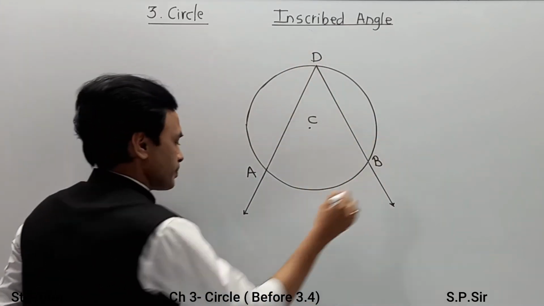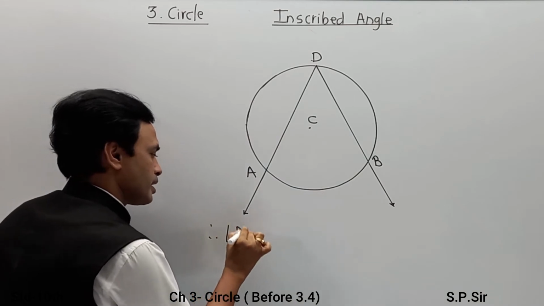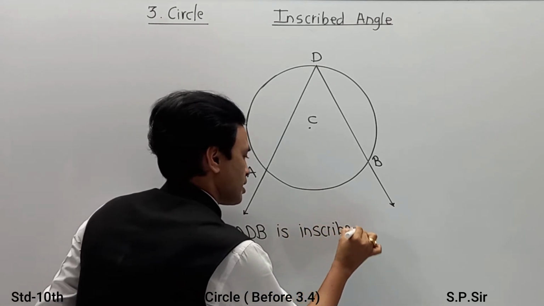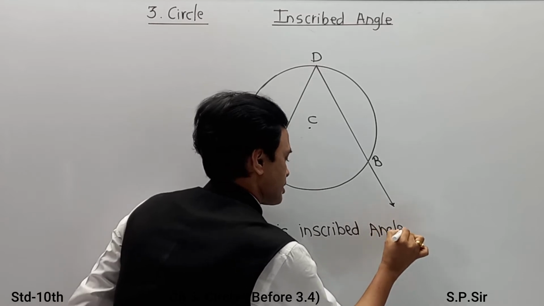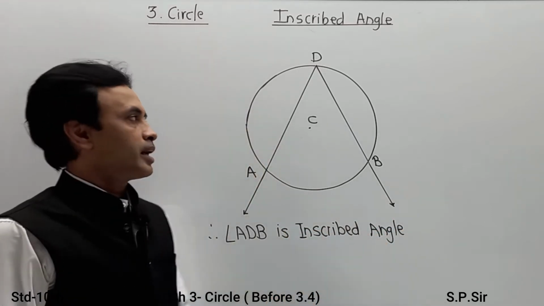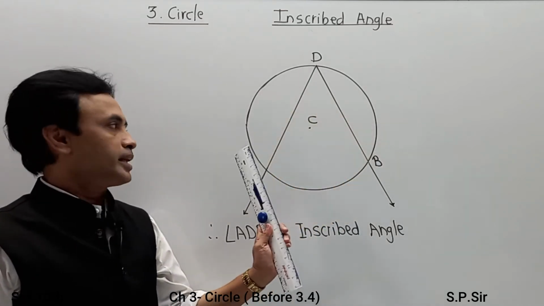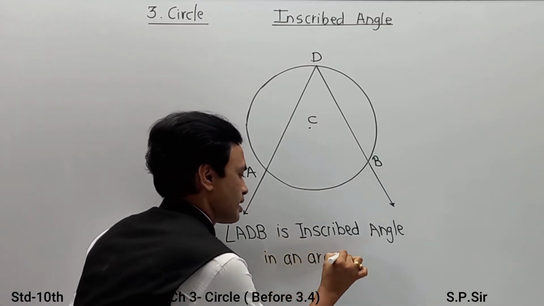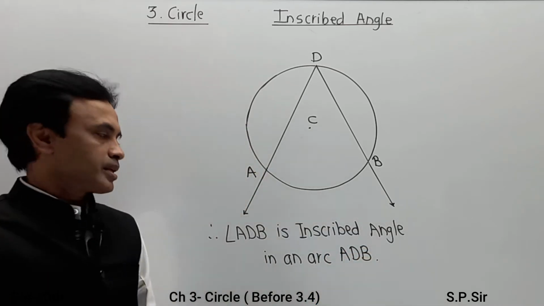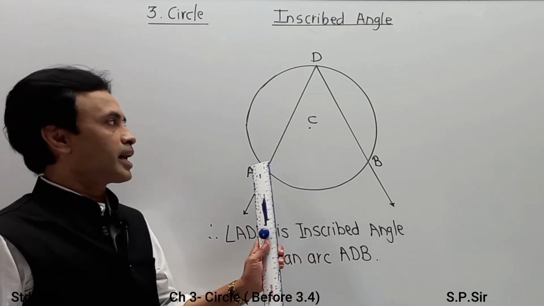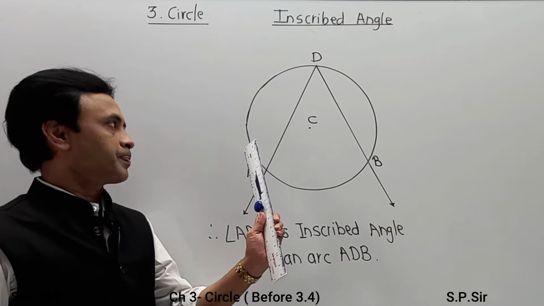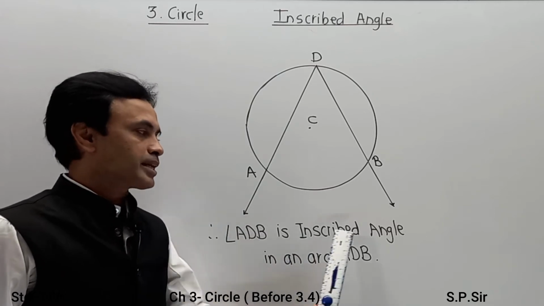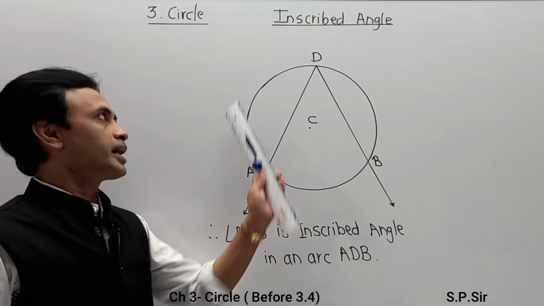Therefore, angle ADB is an inscribed angle in an arc ADB. Angle ADB is called an inscribed angle and it is covered, protected, by an arc. So angle ADB is an inscribed angle in an arc ADB.